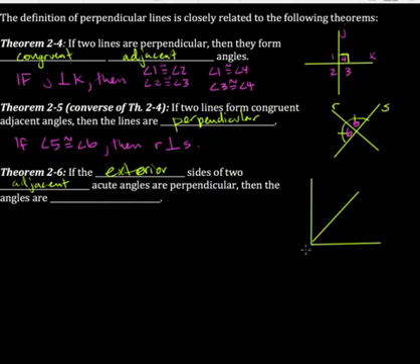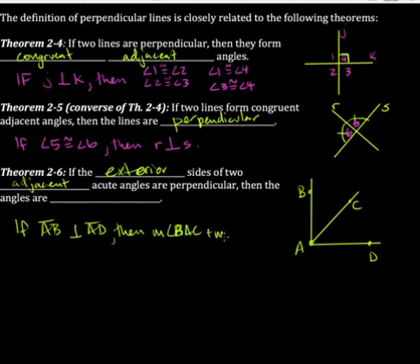We'll call this point A. This can be point B, point C, and point D. If segment AB is perpendicular to segment AD, then the measure of angle BAC, I said ABC, I should have said BAC, plus the measure of angle CAD must come out to equal 90, which is to say that the angles will be complementary.